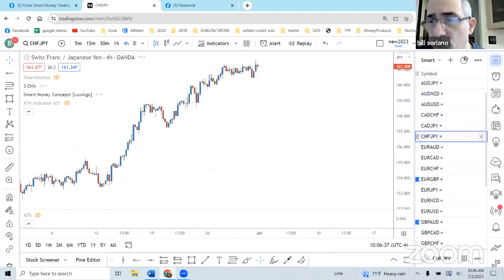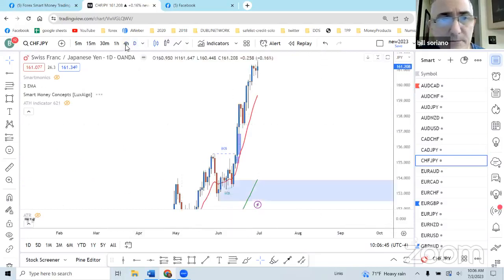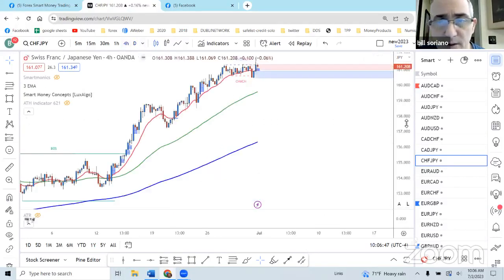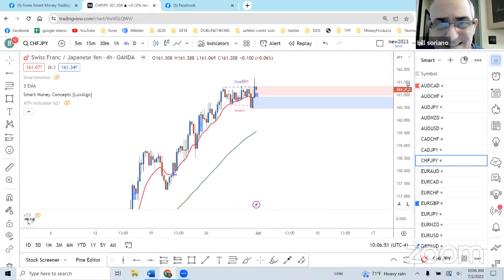CHFJPY. So the daily is bullish. The 4 hour is bullish as well. So this order block here, there's not enough of a break of structure to validate it. Okay.